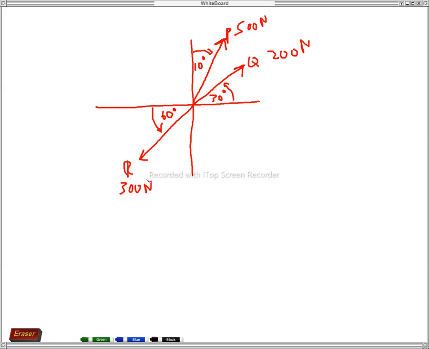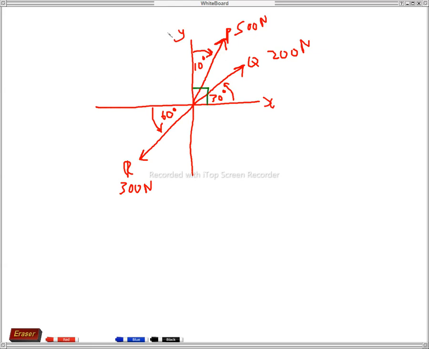So let me just start with P, and yeah, P, Q, R. I will just start like that. When we resolve the force of P, you can see that we don't have the angle for P from this horizontal line, or the x axis. So let me use a different marker.